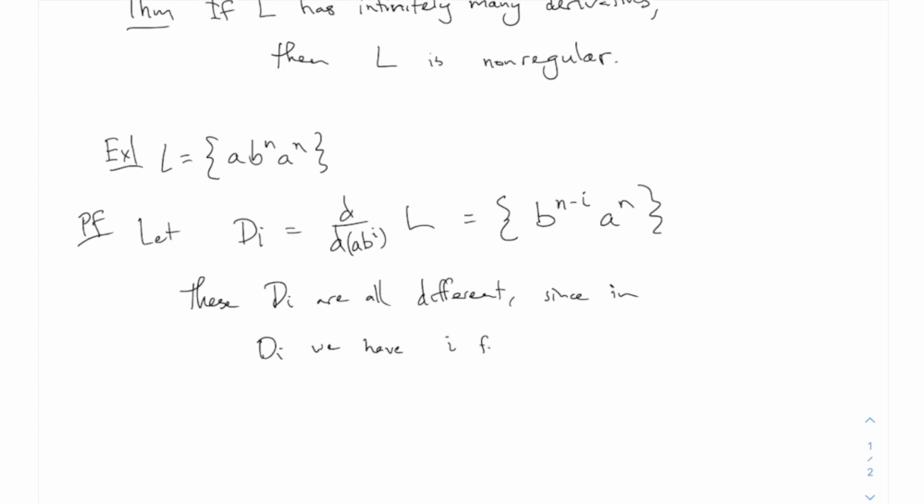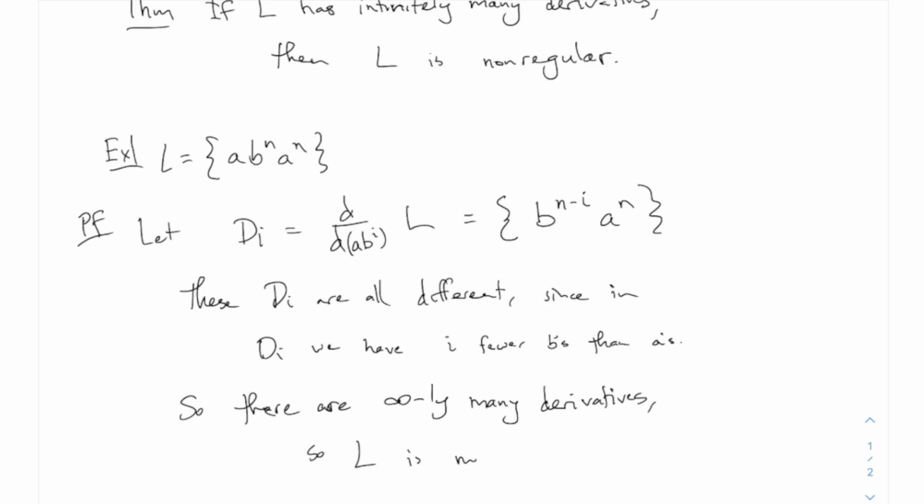In d1 there's one fewer b than there are a's. In d2 there are 2 fewer b's. And those are different from each other. They're all different, so there are infinitely many derivatives. So L is non-regular.